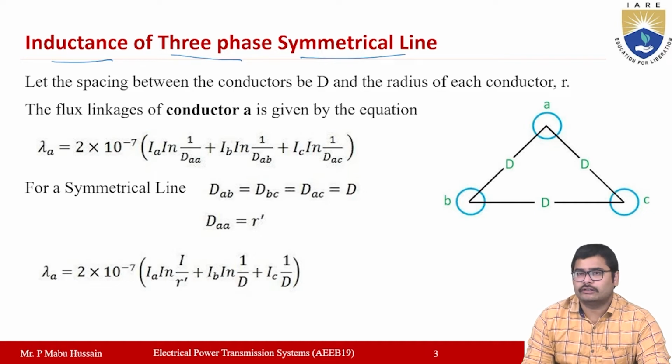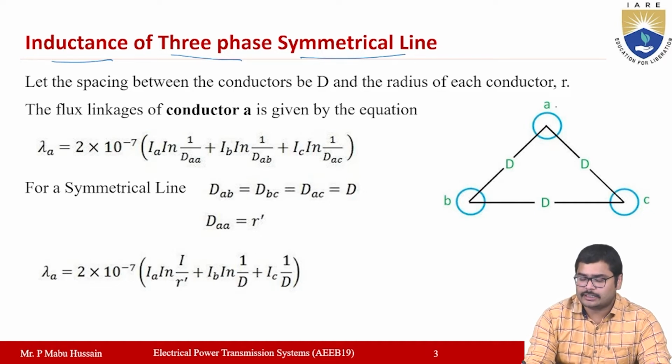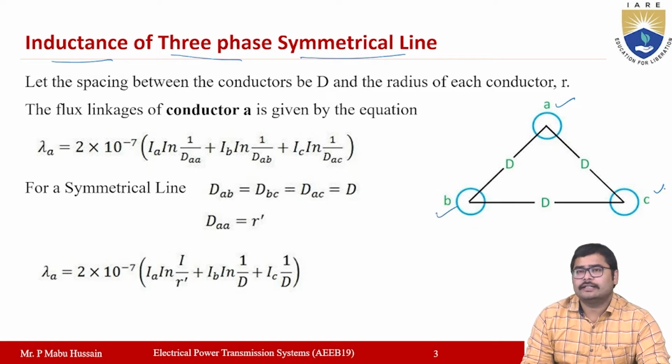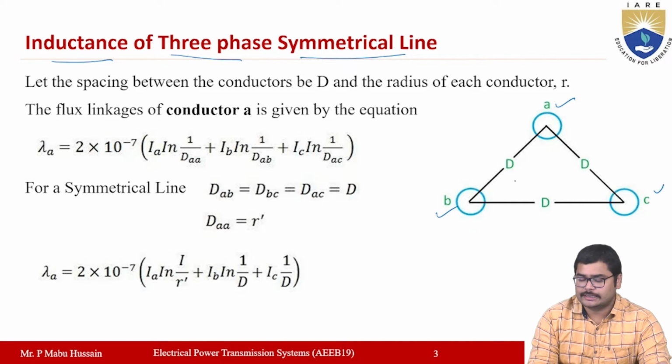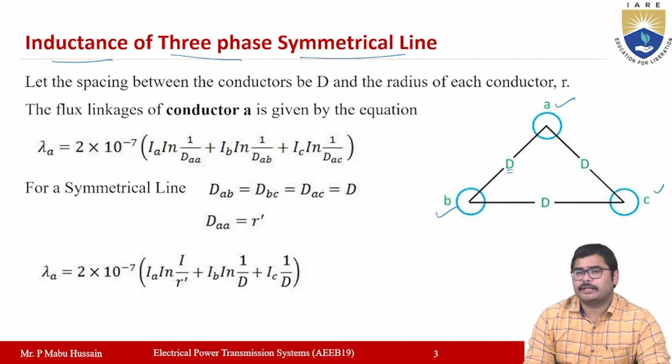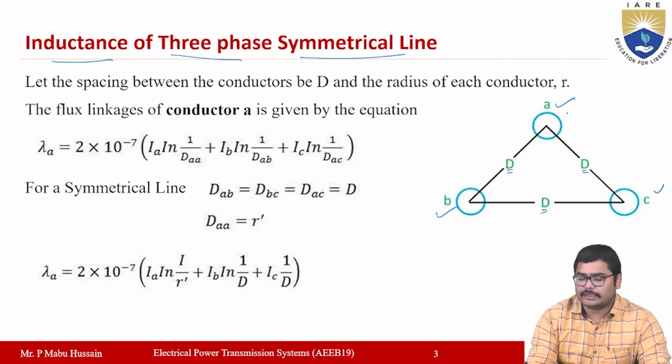Let us assume that a three-phase transmission line has three conductors represented by A, B, and C, and the distance between any two conductors is capital D. As it is a symmetrical transmission line, all the distances are the same, so we assume that distance to be equal to capital D. Also assume that the current flowing through conductor A is IA, conductor B is IB, and conductor C is IC, such that the sum of all currents, IA plus IB plus IC, is equal to 0.